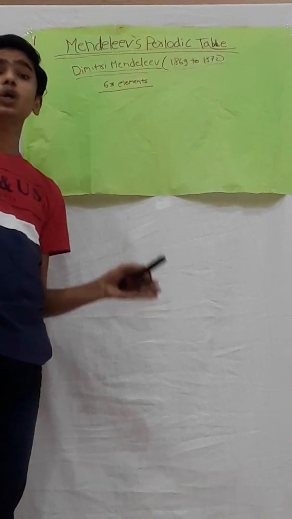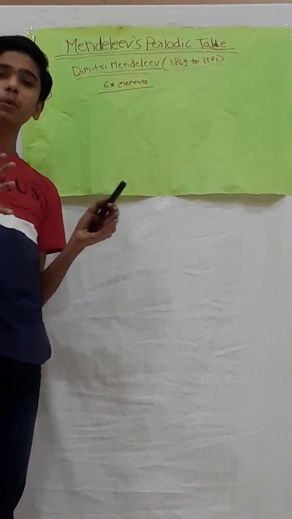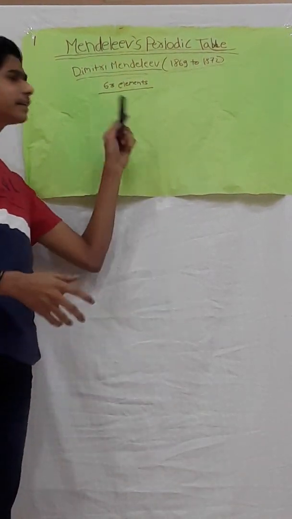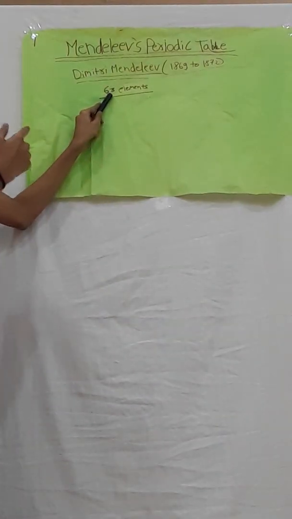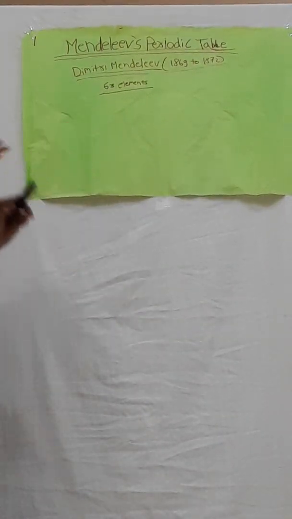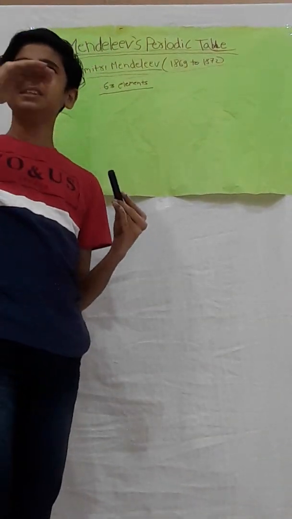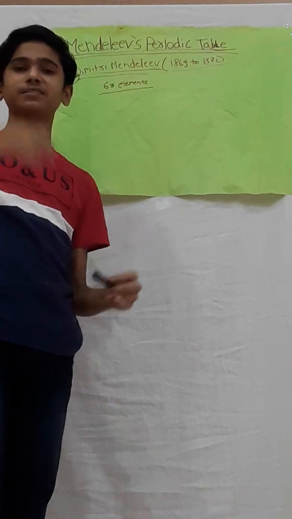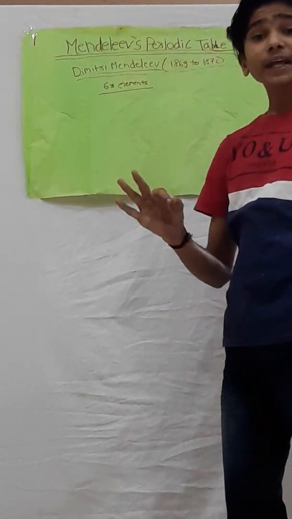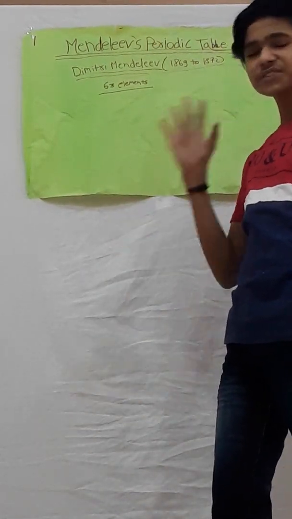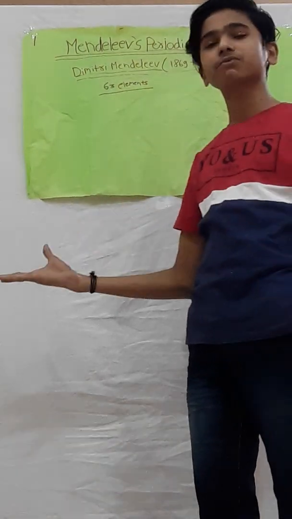At the time of Mendeleev, only 63 elements were known, and he arranged all these 63 elements in the increasing order of their atomic masses and made the table according to the physical and chemical properties of the elements.